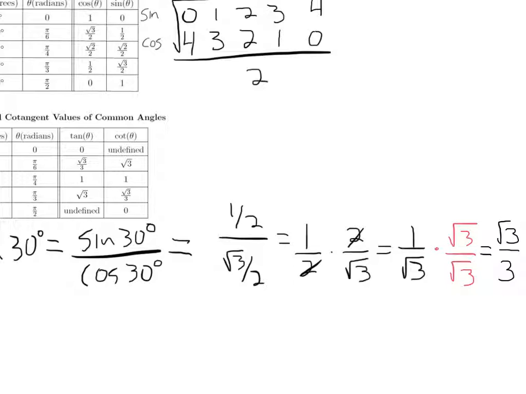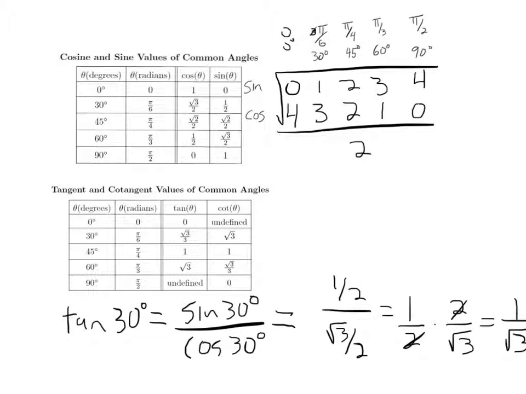Let me show you another way. You can see why, because of all this work, they suggest that you memorize this table, because it's a lot of work. However, in this technique, sine over cosine, we're doing tangent 30 degrees, which is sine 30 degrees. Sine 30 degrees is 1/2. There it is.